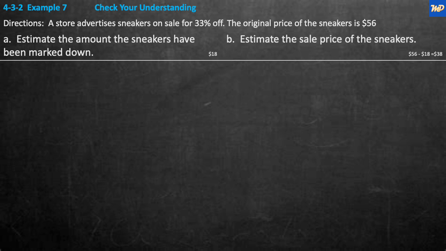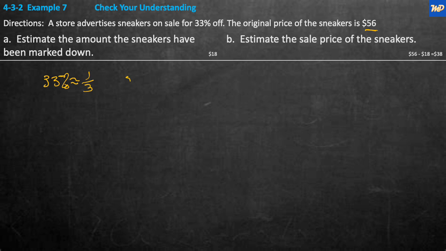Okay, so let's take a look at this. We have 33% is very close to 33 1/3, right? So I'm just going to say that 33% is approximately equal to 1/3. And since we're dealing with a third here, the other number that we have to deal with is 56. Well, the 56, you can't divide it by 3, but you can divide 54 by 3.